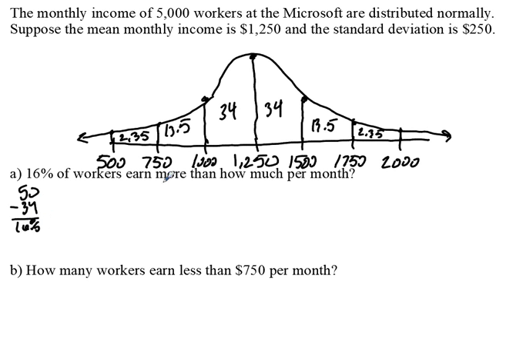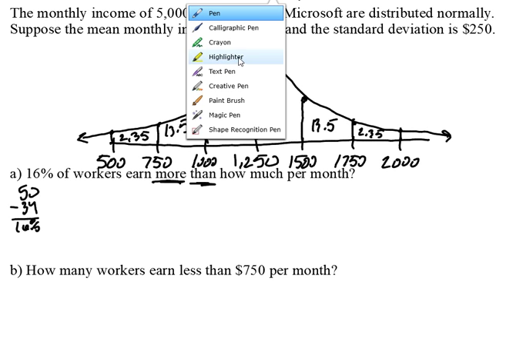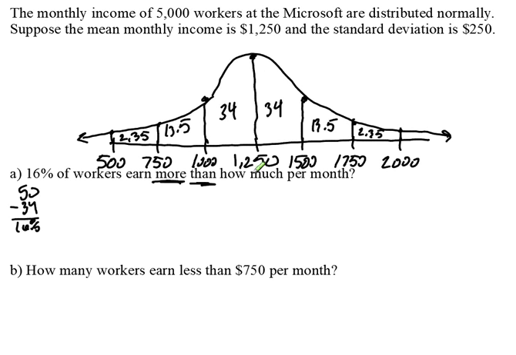Now I'm also keying in on the word more than. So where I'm looking at on this is not the 50%. I took away 34. I'm not going to go down. I'm going to go up because it's more than. So I'm looking at everything from the first added standard deviation on.